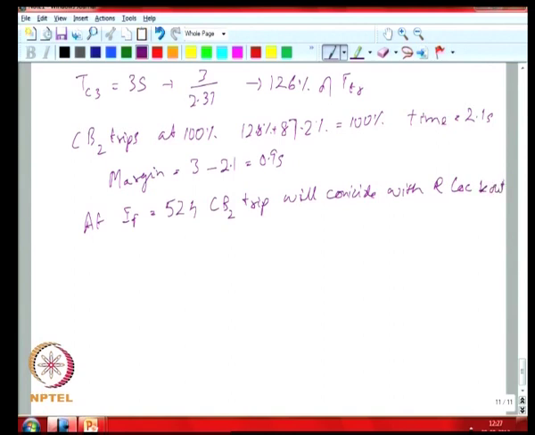So, if your current level is above say 524 amps, then your CB2 would trip before the recloser operates and locks out. If you set your threshold current level for your recloser to be higher than 524 amps, then the recloser would not operate at the reduced current level, ensuring that you do not have nuisance trips upstream because of reduced fault current levels that are occurring downstream. Okay.